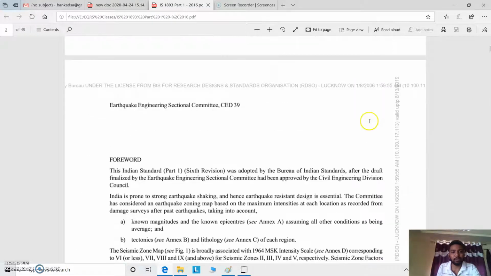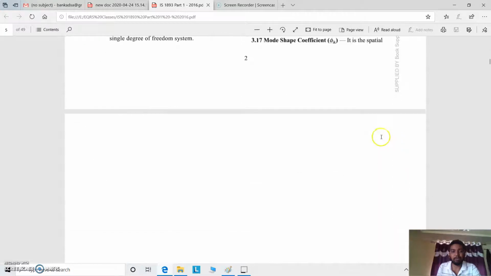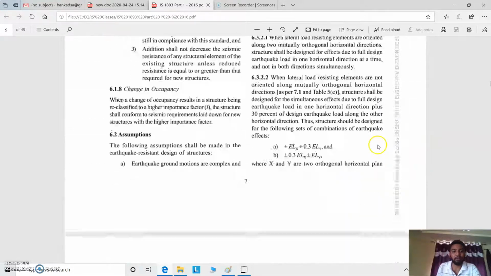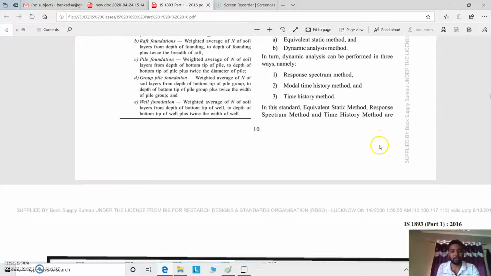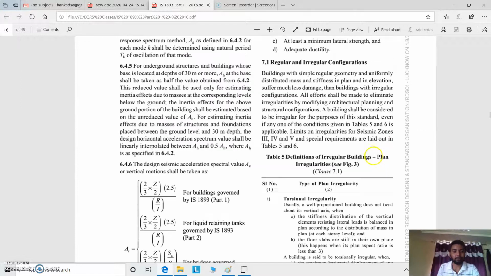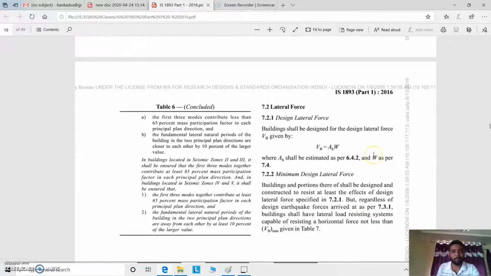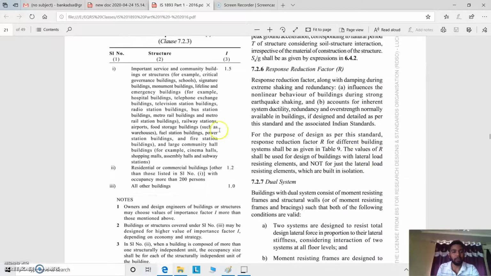Let us check in which category the hospital building is located in the code. Right here it is given in table number 8. Right here, table number 8, it is given residential commercial building.